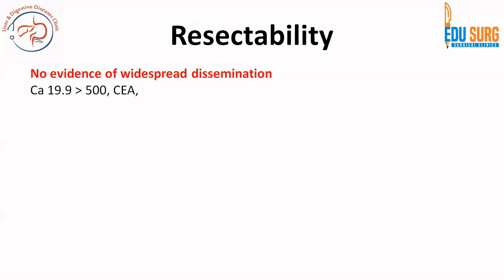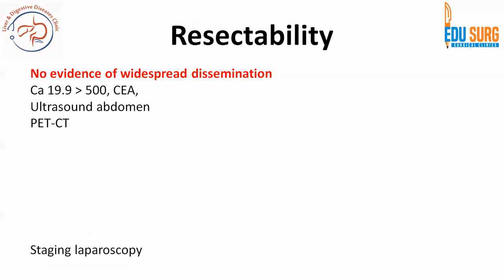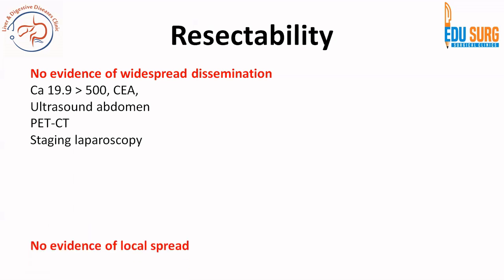Very high CEA, usually more than 100. Ultrasound can show liver lesions or peritoneal disease. PET-CT is probably the gold standard when it comes to assessing metastatic disease. If all these tests are borderline, we do staging laparoscopy before proceeding to surgery. And staging laparoscopy can also suggest widespread dissemination of disease.